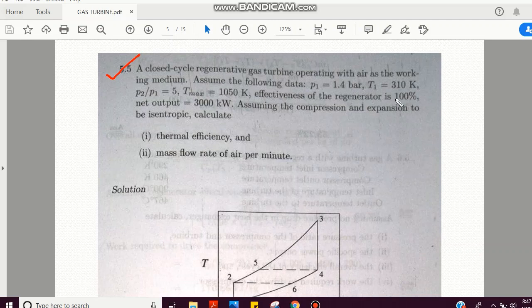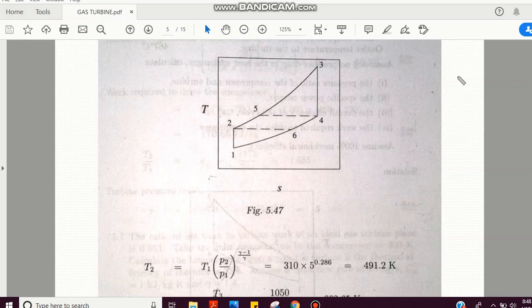Effectiveness of the regenerator is 100%. The net output is 3000 kilowatt. Assuming the compression and expansion to be isentropic, find the thermal efficiency and mass flow rate of the air per minute. Okay, so let's do the numerical.